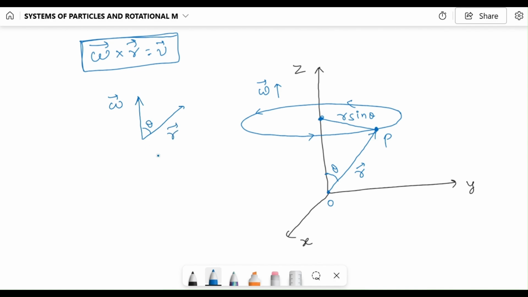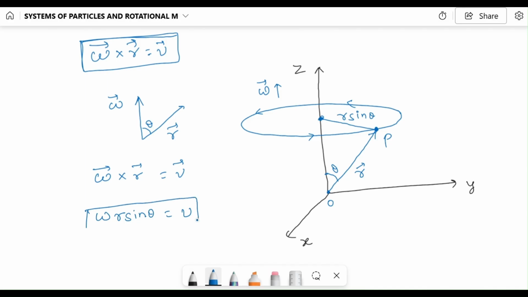So we can write omega cross r is the linear velocity, and omega times r times sine theta equals v, and magnitude and direction we can obtain.